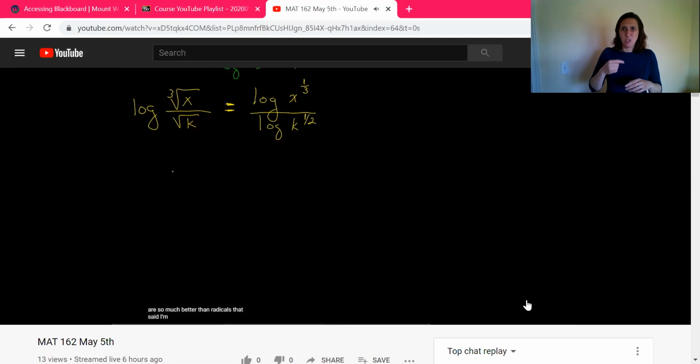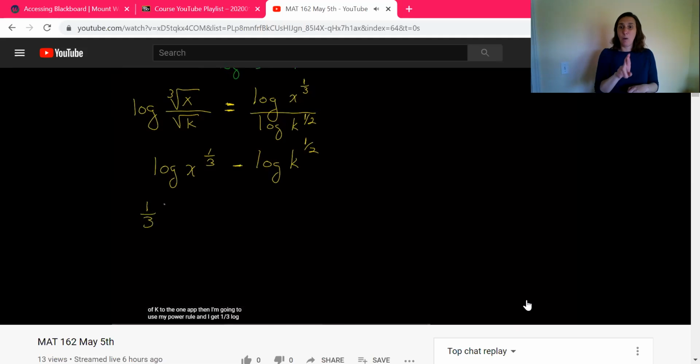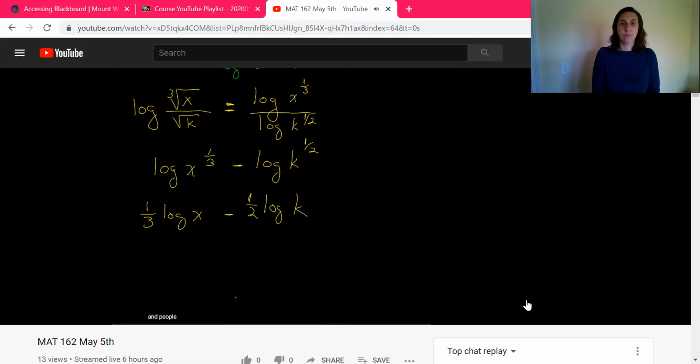That said, I'm going to use the division that's happening here to write this as log of x to the 1/3 minus log of k to the 1/2. Then I'm going to use my power rule, and I get 1/3 log of x minus 1/2 log of k. And people, when they were doing their mathematics, did these to get rid of having to take square roots.